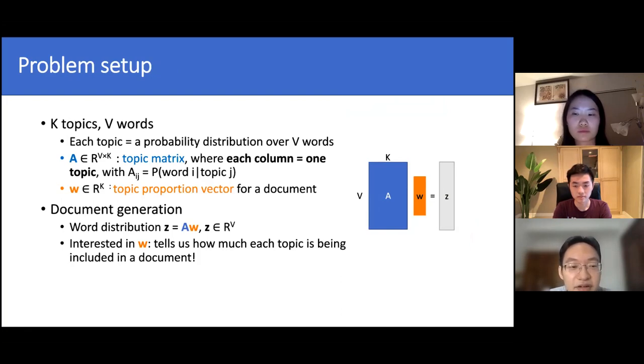The document generation process can be nicely captured by the following representation. We want to generate the word distribution vector Z, from which we draw words independently to form a document, and Z is equal to A times W. We're interested in W because our proportion vector tells us how much each topic is included in a document.